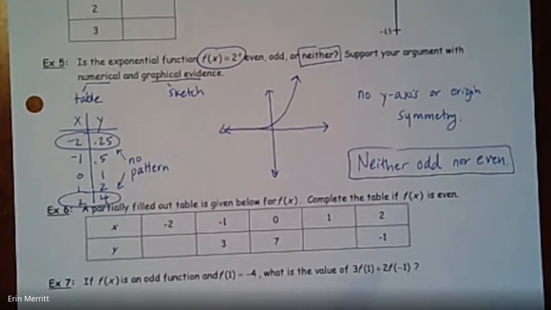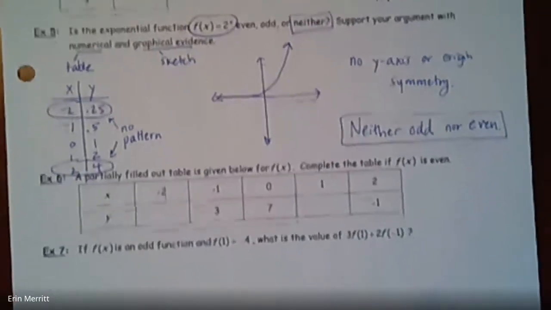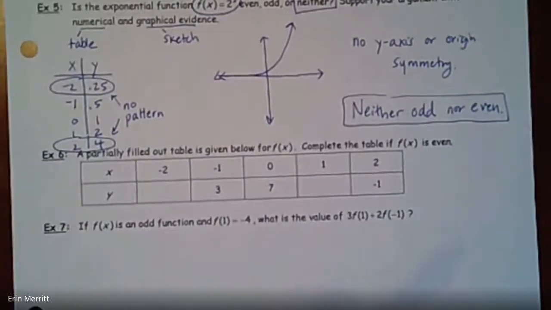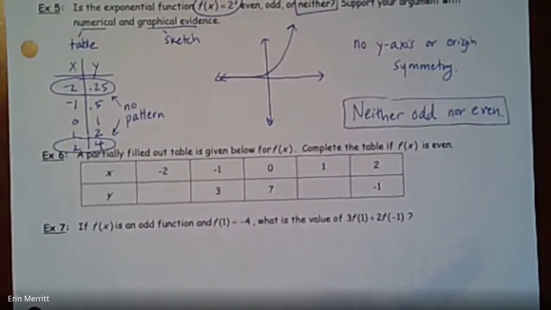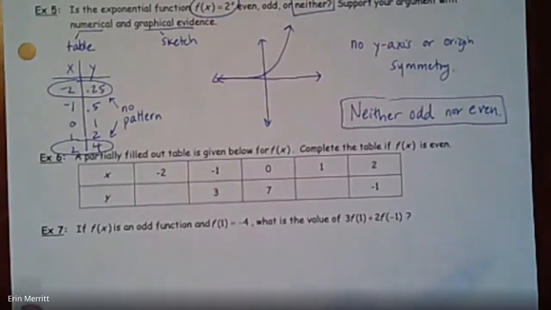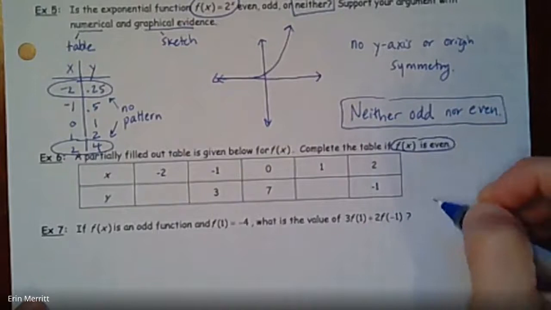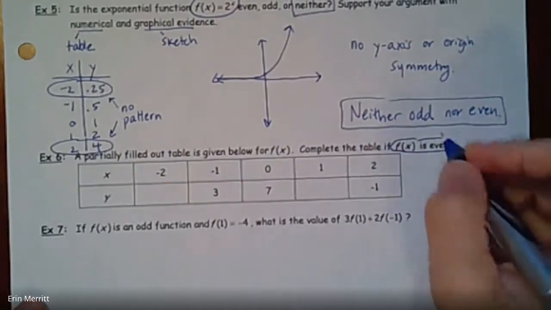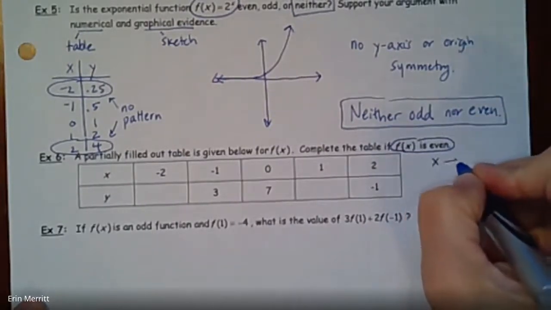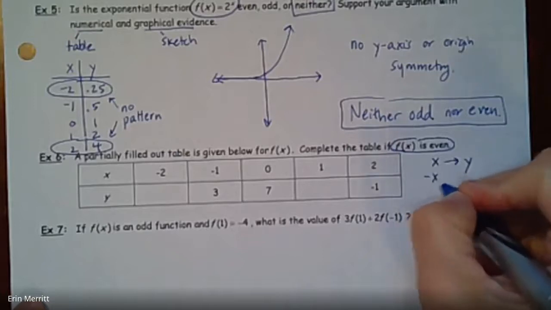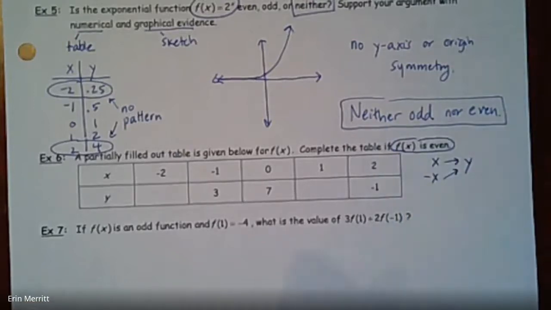I think the last one that I want to look at here would just be 6. So it's saying a partially filled out table is given below for f of x. Complete the table if f of x is even. So again, you just have to be able to refocus and think, what are the rules? So when it's even, I have x that goes to y, and negative x is also going to go to y.